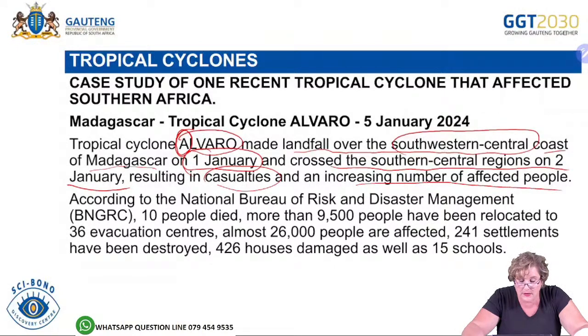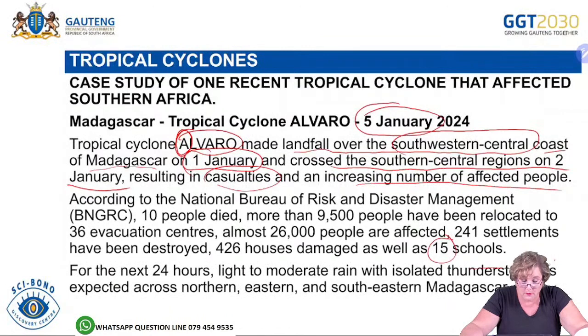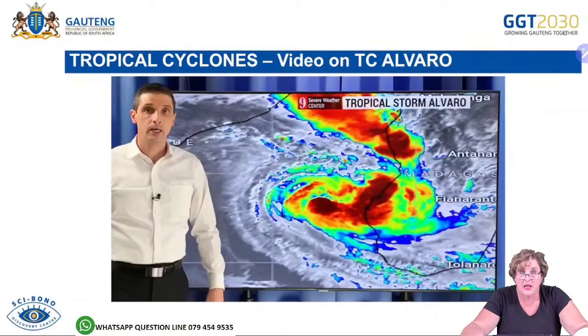Almost 26,000 people are affected, 241 settlements have been destroyed, and 426 houses were damaged. And then look there, 15 schools as well. On the 1st and the 2nd of January this year, it reaches its mature stage on the 5th of January. For the next 24 hours, light to moderate rain with isolated thunderstorms is expected across the northern, eastern and southeastern parts of Madagascar. Now listen to this warning.